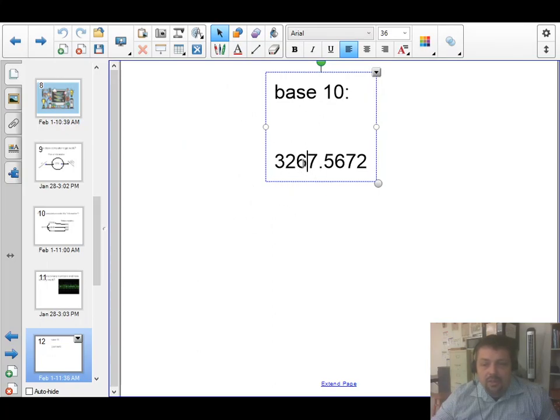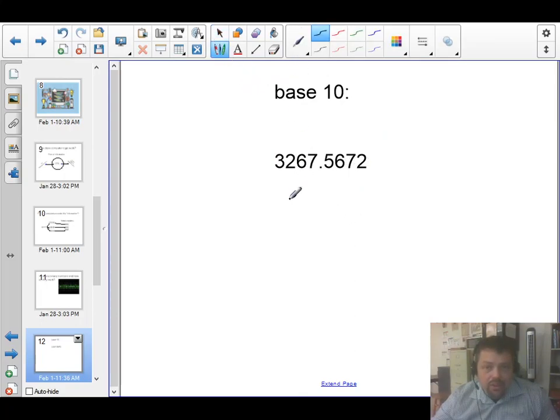This is 3,267 and 5,672 ten thousandths. The reason we know that is because we have this decimal, which is called the radix point. It tells us everything to the right of that is fractional, and everything to the left of that is greater than 1. So this is a fractional part, this is a whole number part, and the decimal gives us that information.